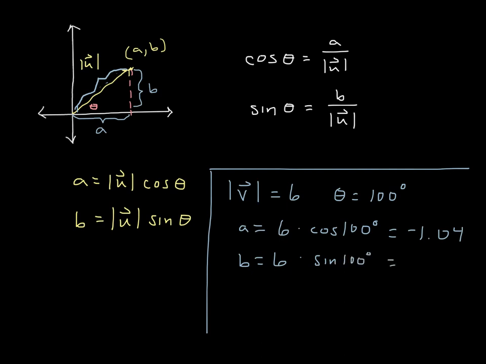So I put that in my calculator, and that's going to be 5.91 when I round that off to 2 decimal places. And so therefore I can say vector v is equal to the vector (negative 1.04, 5.91).